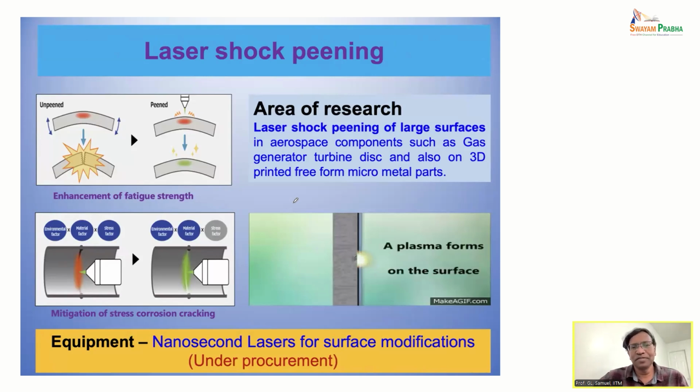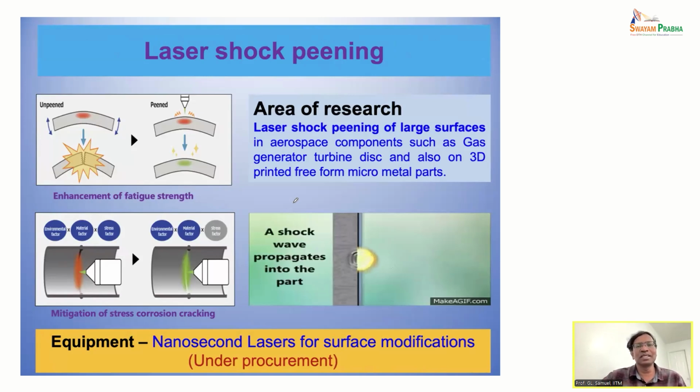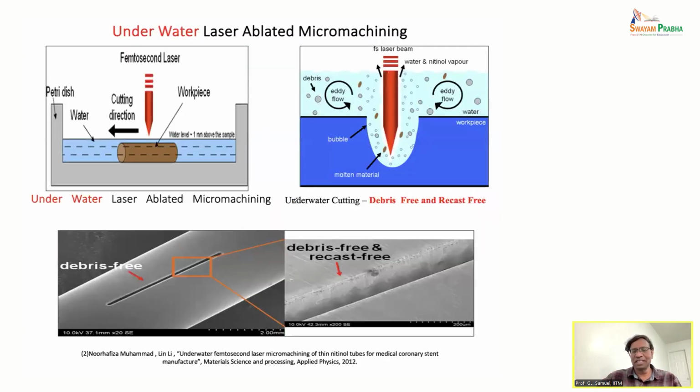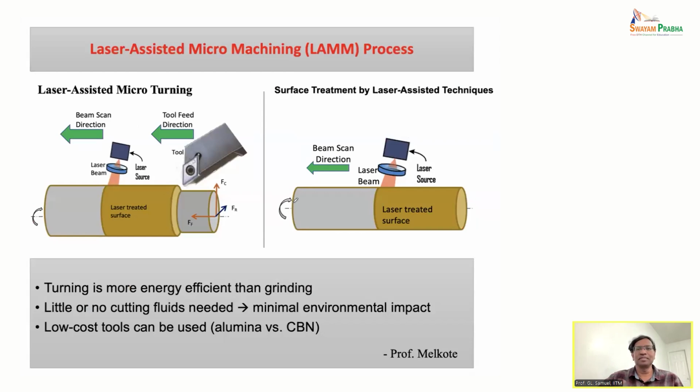I think we have talked enough, and Professor Shreyas Melkote has also spoken about the laser shock peening phenomenon, where we can produce shock waves that can relieve the residual stresses in the components. Professor Shreyas Melkote has also worked on what is called laser assisted micro machining, the LAM process, where we can heat the material before the tool makes contact with the surface, so that the metal gets softened and then we cut it.